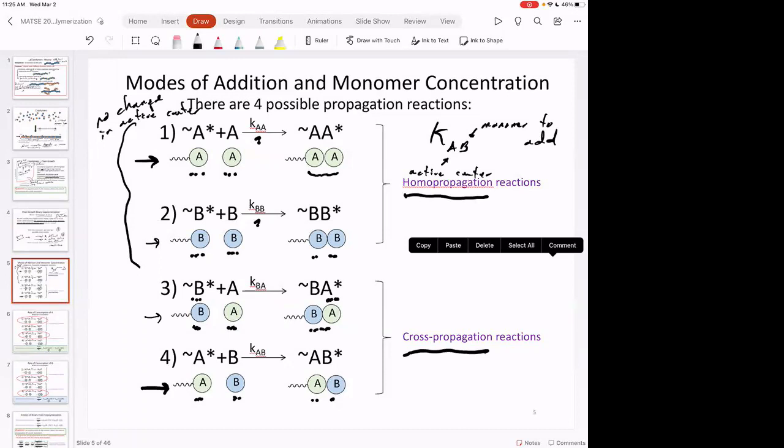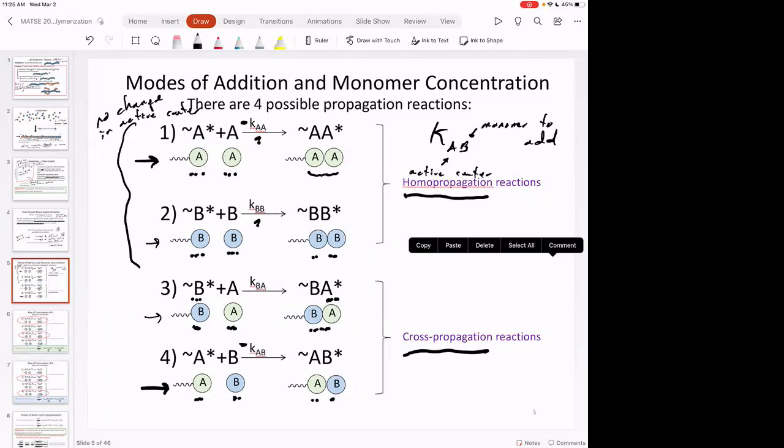And then kAB is A active center reacting with B monomer. Those last two get confusing, and so we have to keep that straight because we have two rate constants for active center A, right? So those are the two reactions, 1 and 4, where A active center is reacting with either monomer A or monomer B.